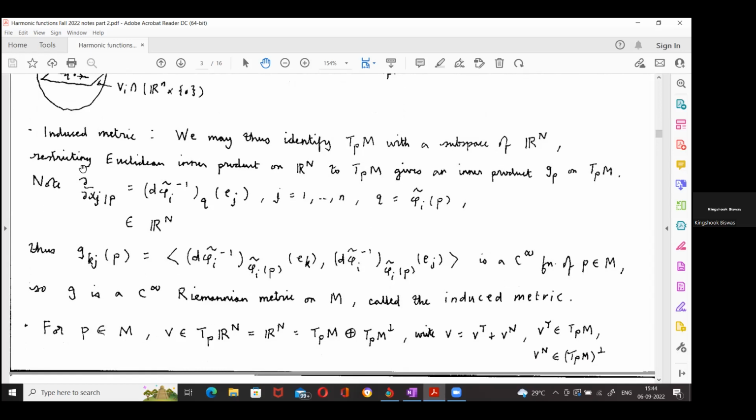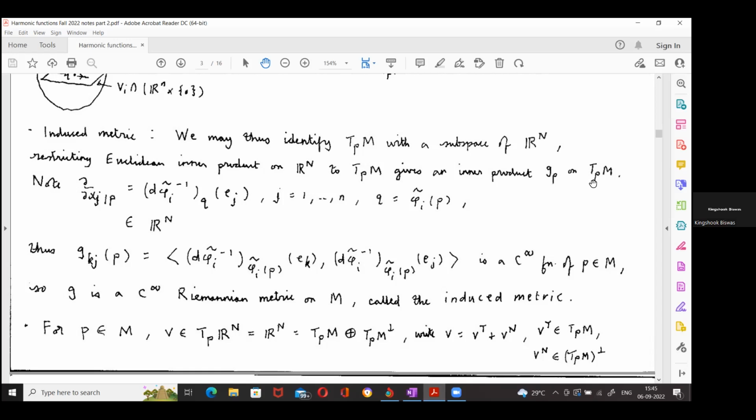And now we can restrict the Euclidean inner product on R capital N. We can restrict this to TPM. And this will give an inner product GP on TPM, right? I'm just restricting an inner product to a subspace. So it's going to stay an inner product, right? Okay. So what I need to check is that this inner product depends smoothly on P. P is a point in M, right?